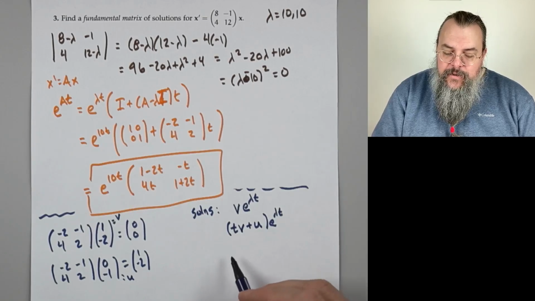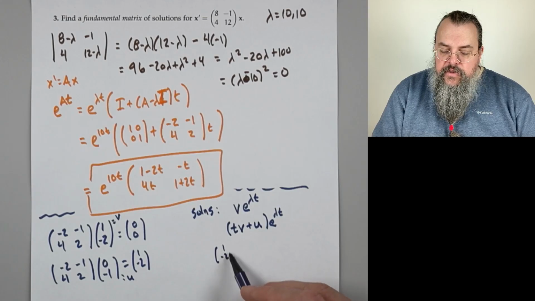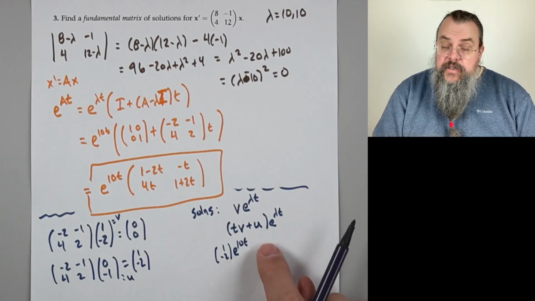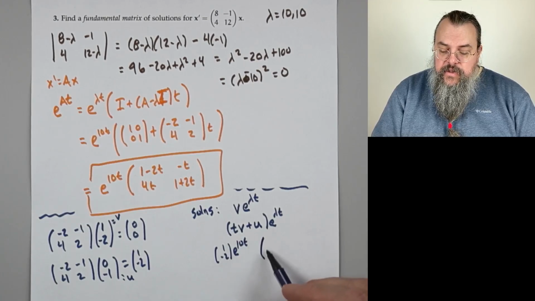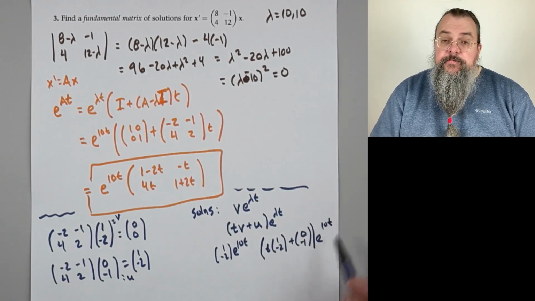So for our case, our two solutions are 1, minus 2 e to the 10t, and the second solution is t times 1, minus 2, plus 0, minus 1, e to the 10t.